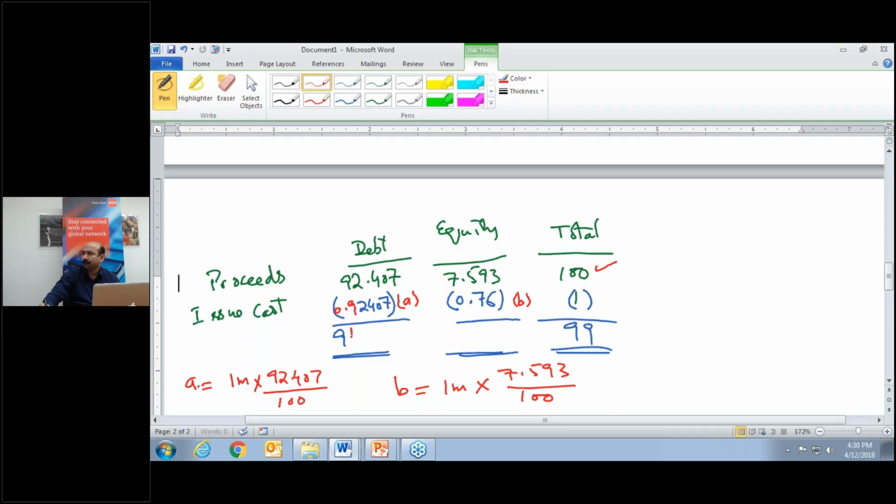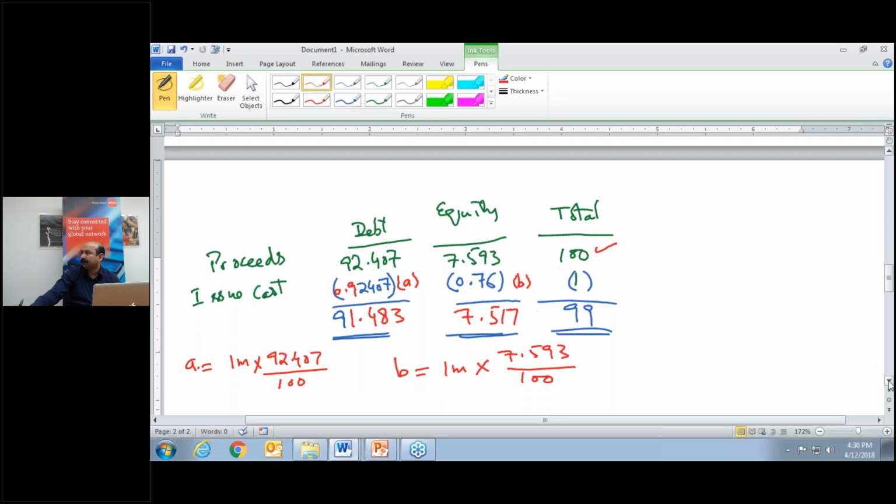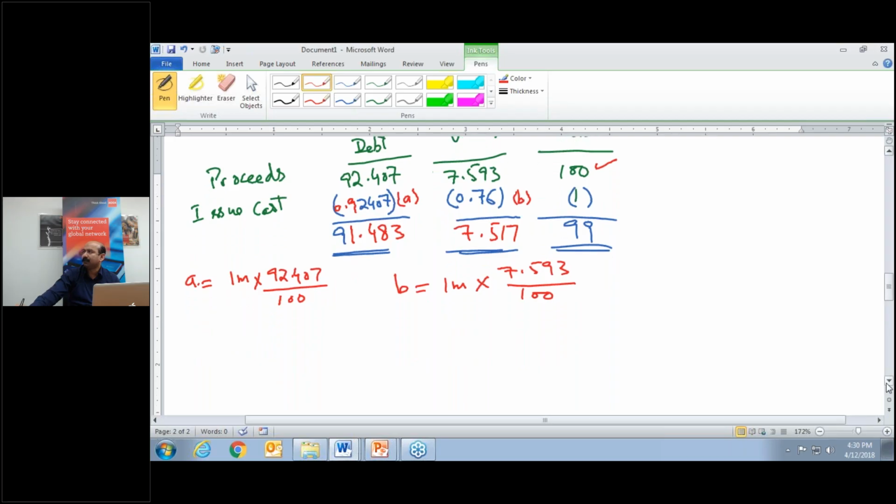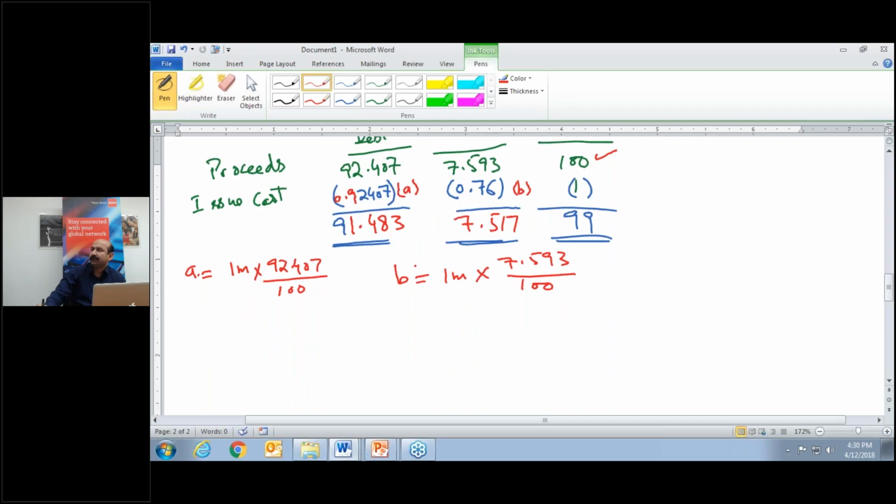So this will become 91.483 approximately, and this will become 7.517. Can you please calculate it? There may be a small rounding difference.